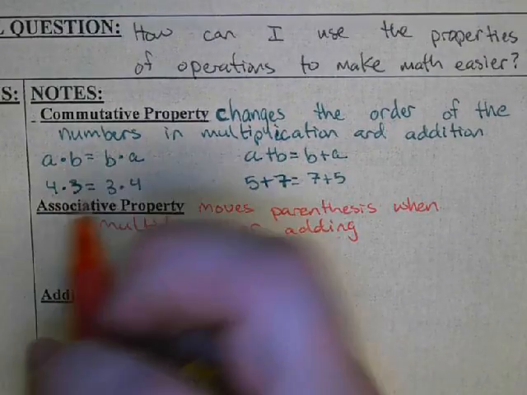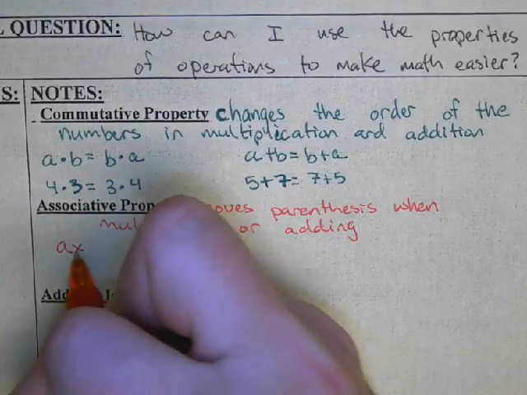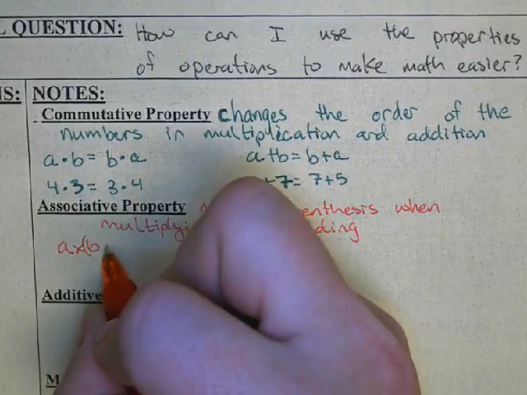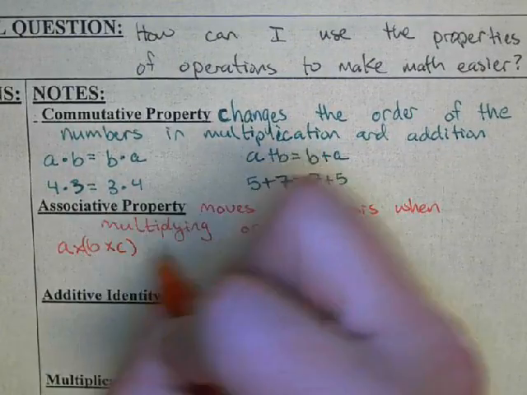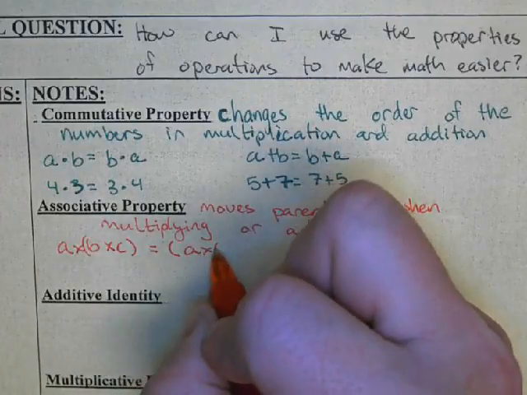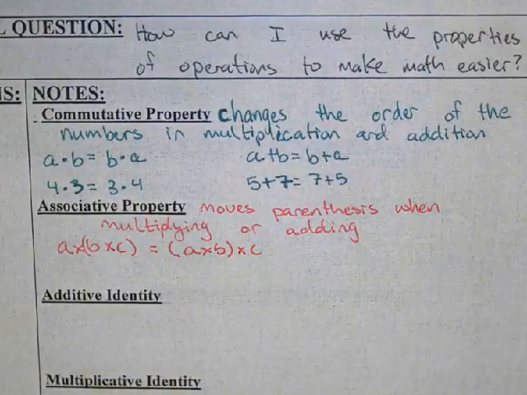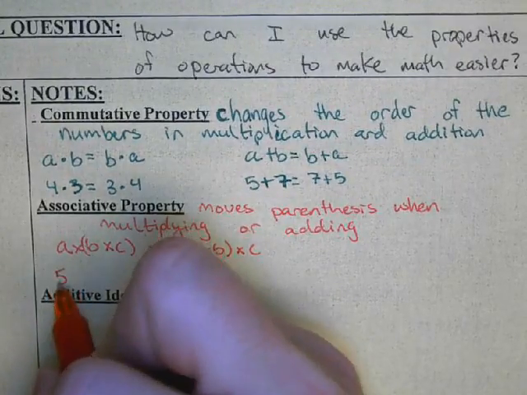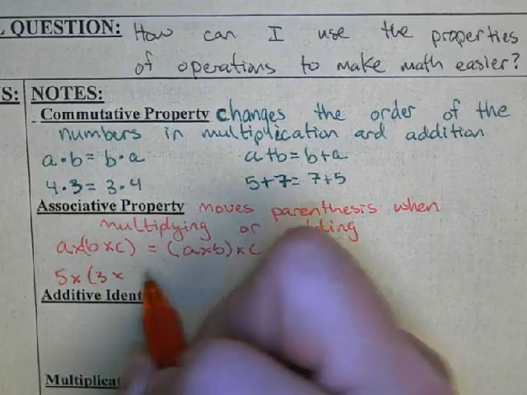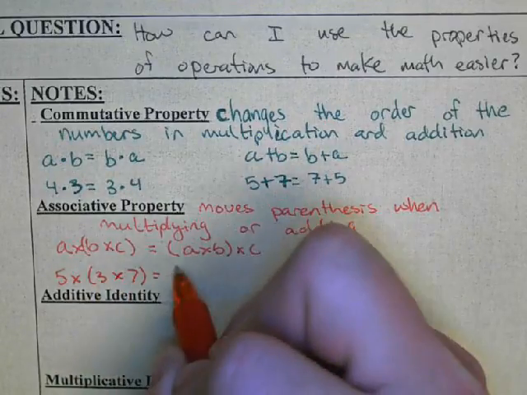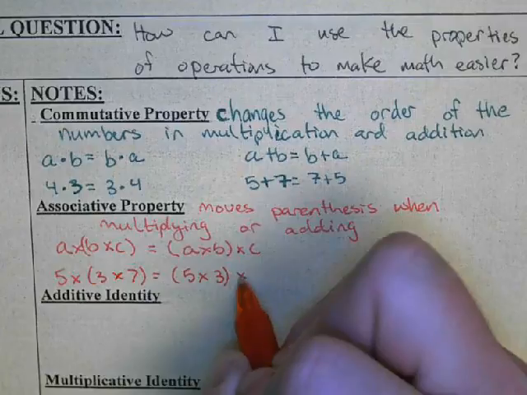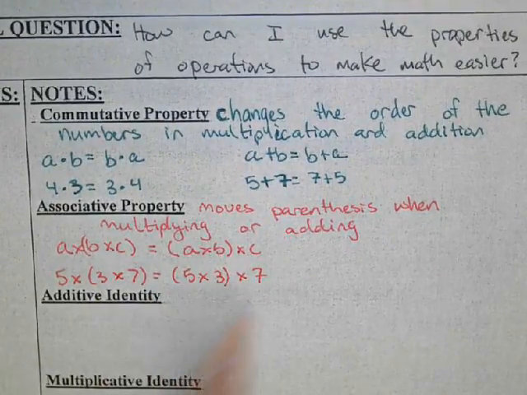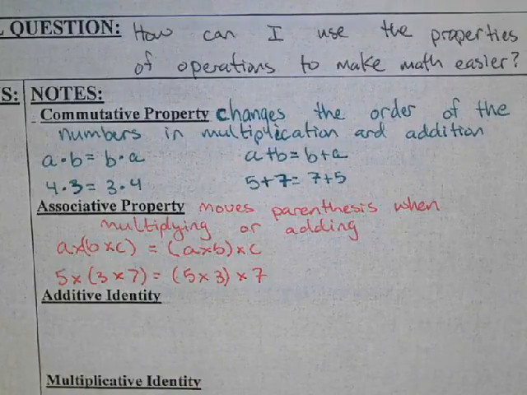So an example of that could be A times parentheses B times C is equal to parentheses A times B close parentheses times C. If we had real numbers, we could say something like 5 times parentheses 3 times 7 is equal to parentheses 5 times 3 times 7. And see how the parentheses moved and grouped different numbers. So you can do that when you're multiplying or adding.